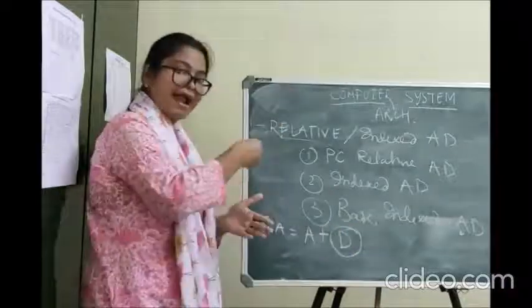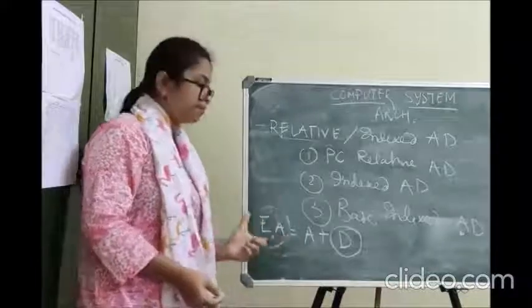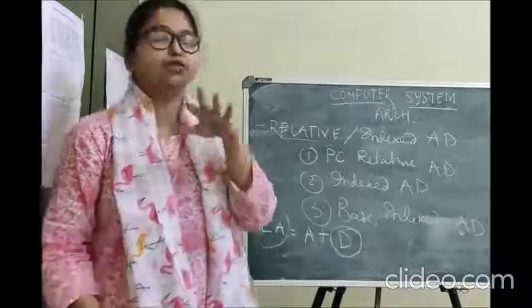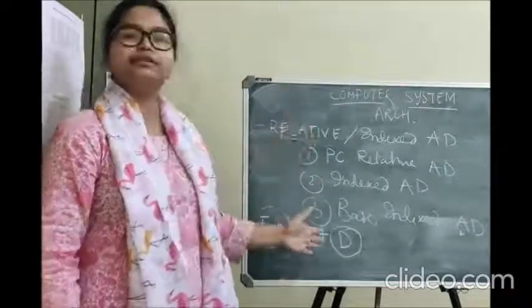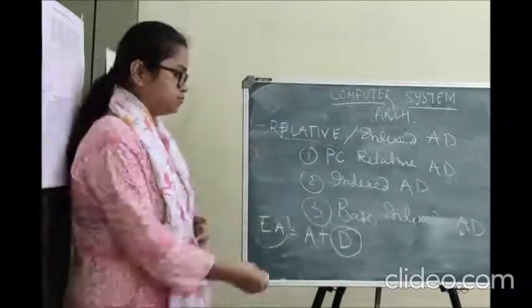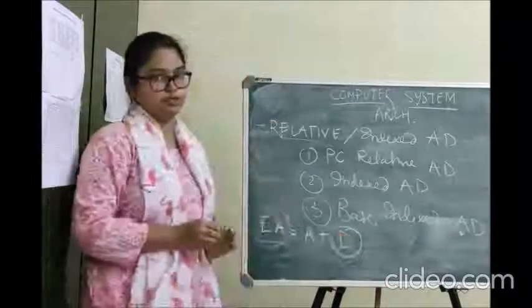That is, we have to add something to get the effective address. The effective address is obtained by indirect means; you don't directly get it. In all these three modes, we have to retrieve the effective address by adding some value.